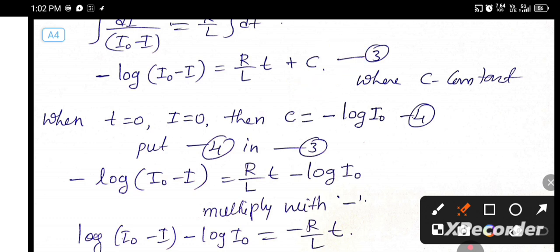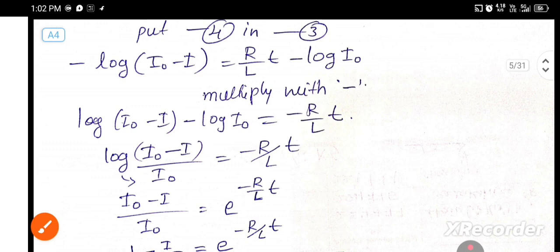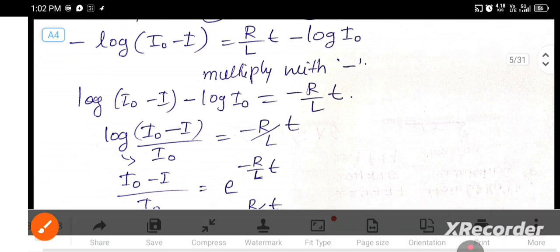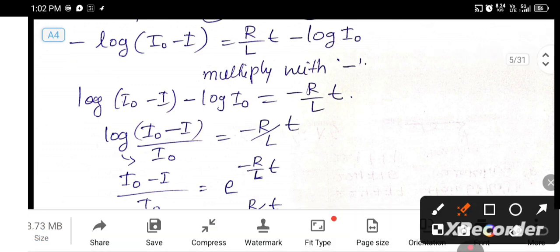Then we simply write minus log of I naught minus I equals R by L t minus log I naught. Since the minus symbol is there, it is multiplied by minus, so all the signs change.